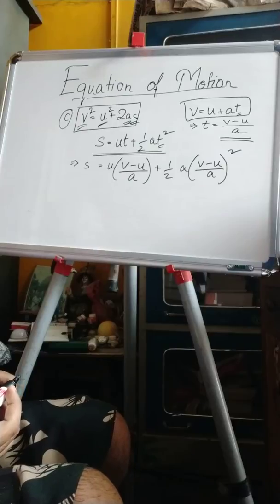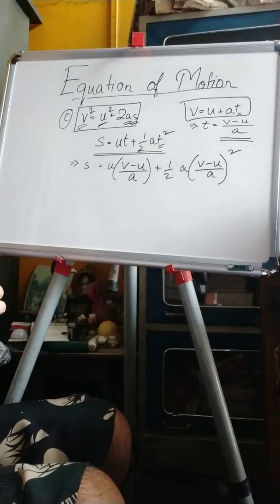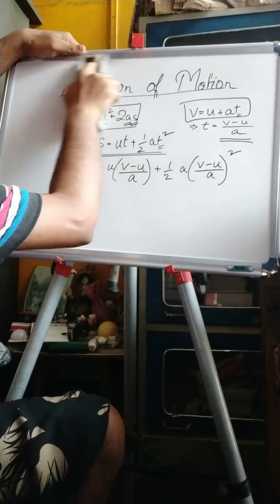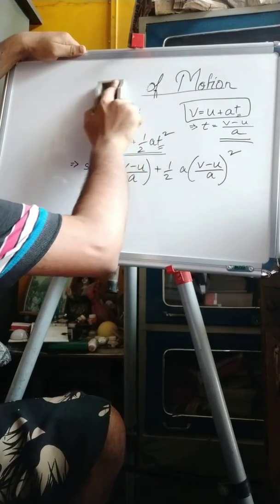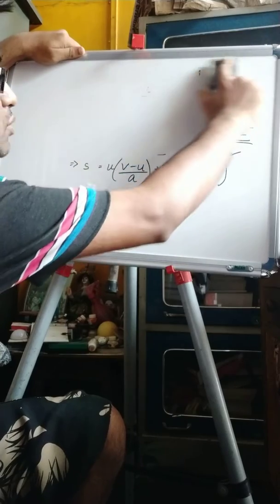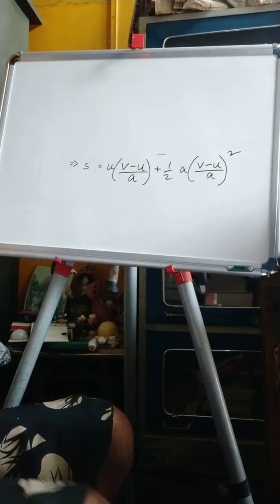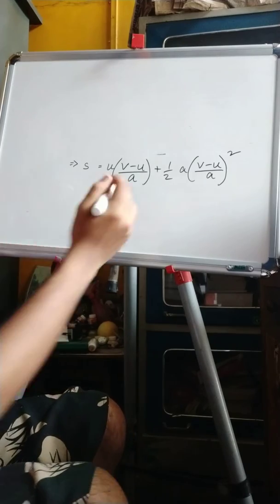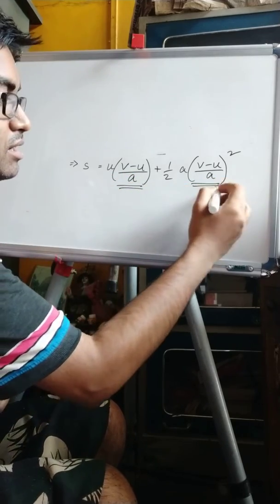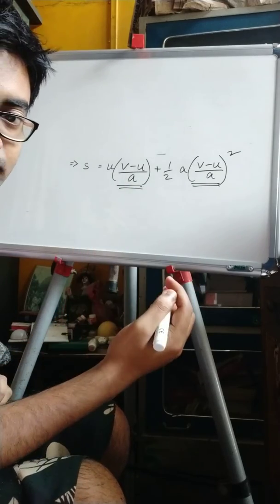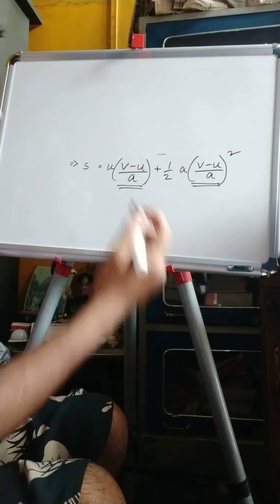I hope I am clear. Now, in order to do this equation, I will erase all other things from my board so that it becomes easier for us to learn properly. Why I have written this, I hope I am clear. If not, then you can rewind the video and check it out once again.